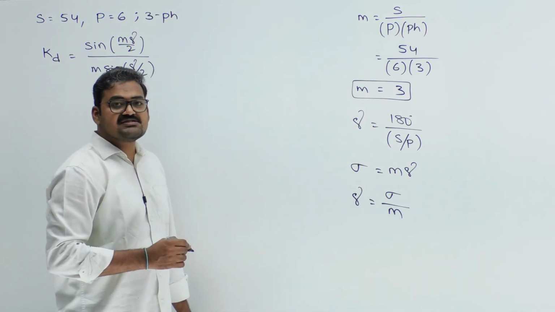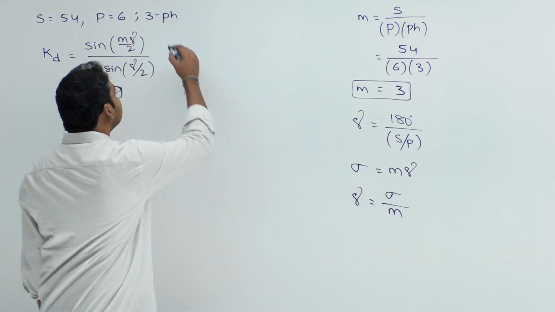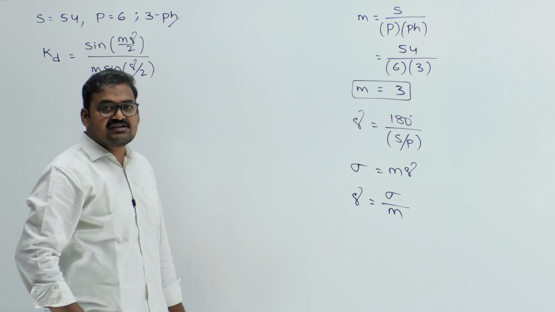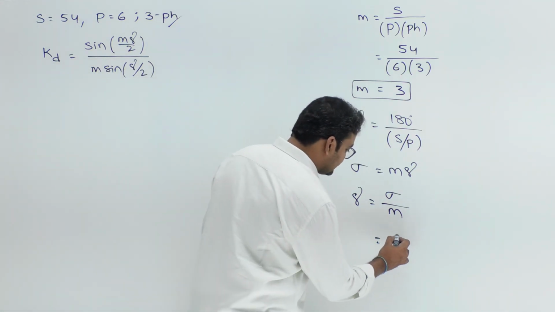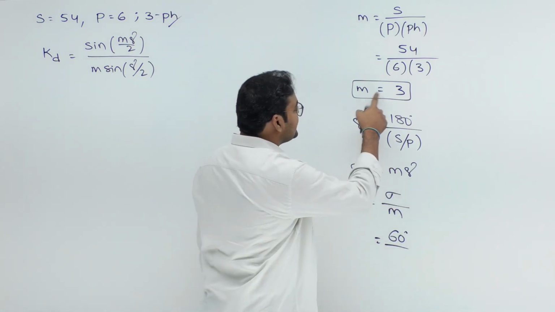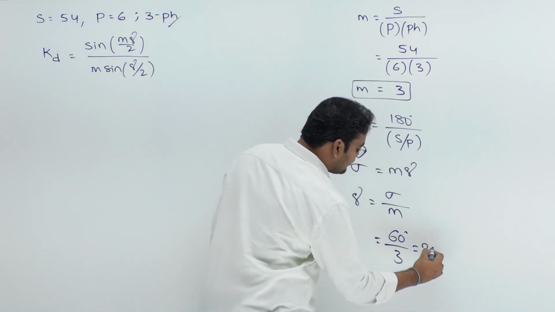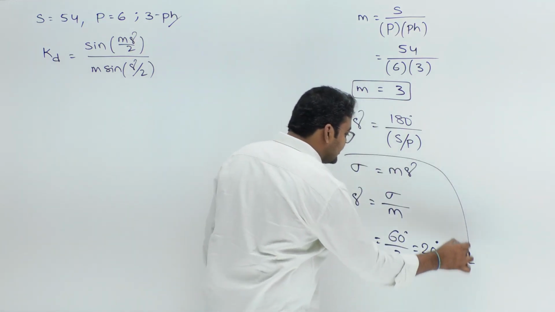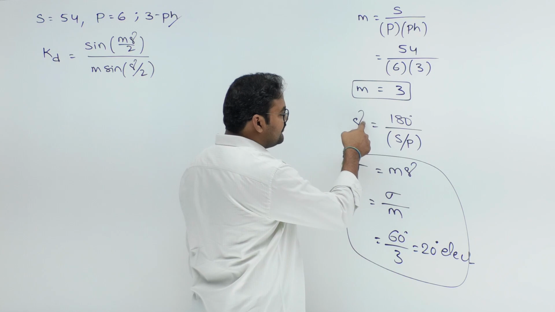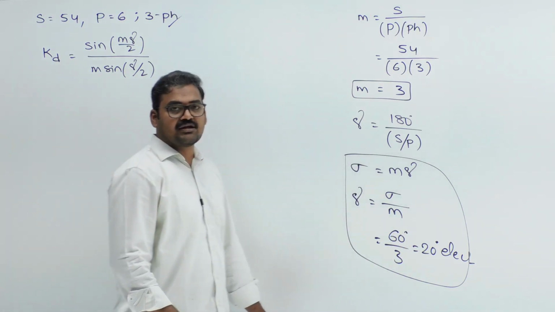And is the given winding single phase, two phase or three phase? 3 phase, and we know for a 3 phase winding the phase spread is equal to 60 degrees. So 60 degrees divided by the m value, 3. Therefore, gamma is equal to 20 degrees electrical. Or you can use the other formula also, you will get the same answer, 20 degrees electrical.